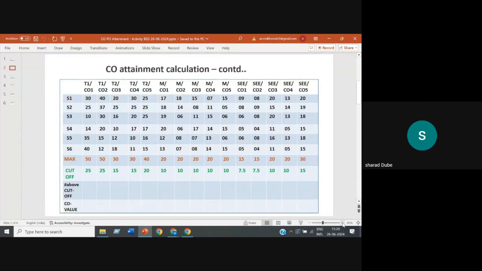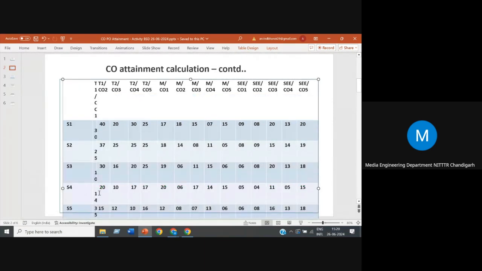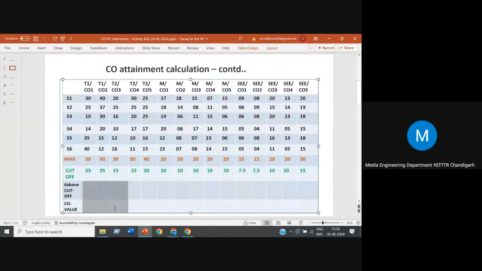Using that first slide, we'll be doing these calculations in the second slide, right? Here you can see we have to fill these two rows. We need to enter the values from the data which is given.